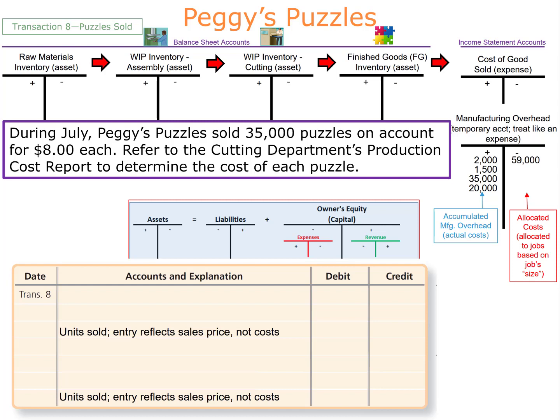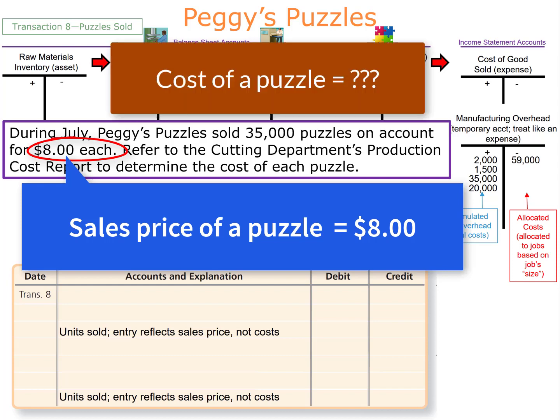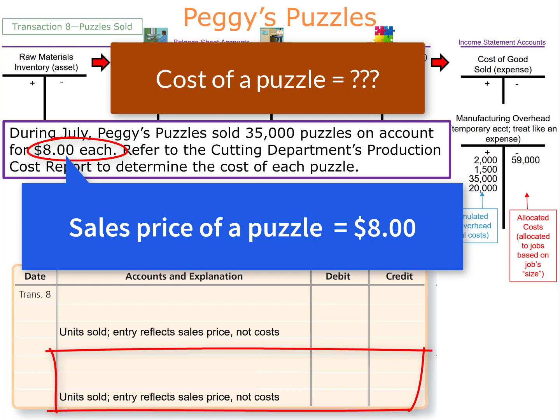Notice the transaction description tells us how much we are selling the box for, $8 each, but it does not tell us how much it costs to make each puzzle. We need to know the cost so we can update cost of goods sold and inventory in the second part of this transaction. So, to determine how much it costs Peggy to make each puzzle, we have to look at the production cost report, which we'll look at on the next slide.